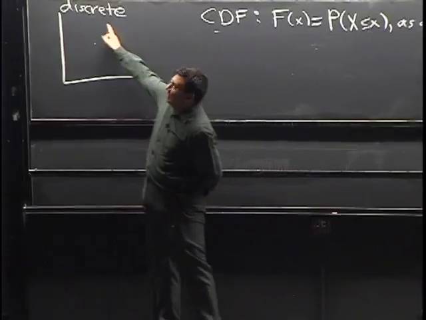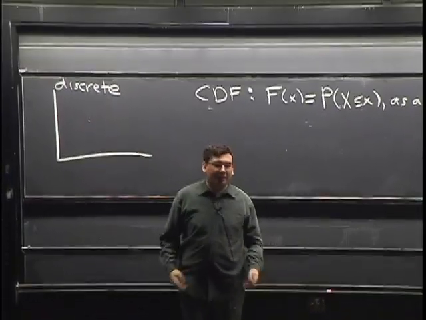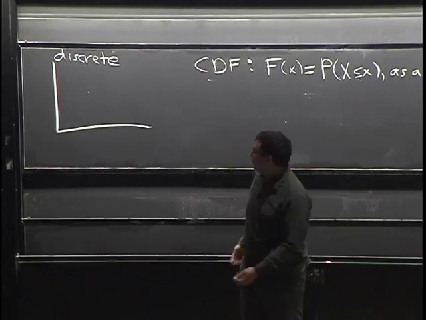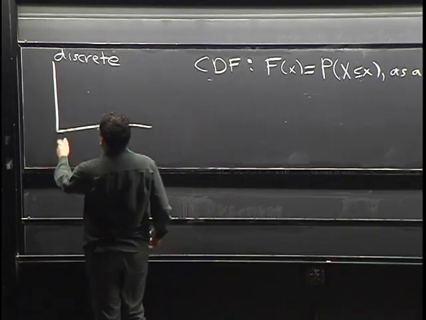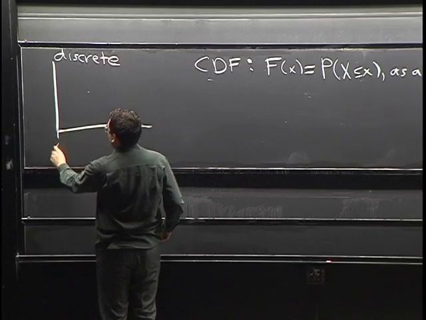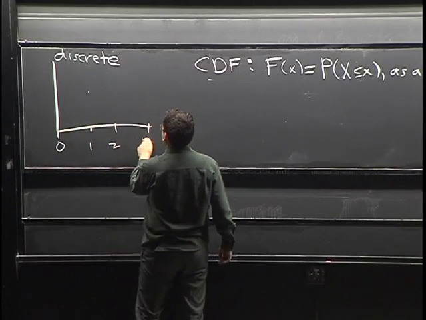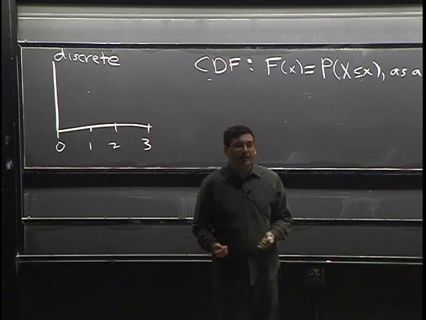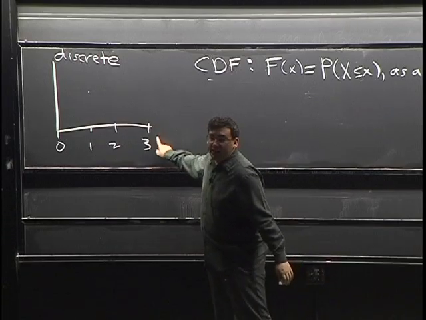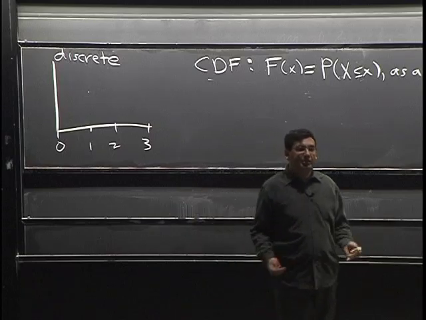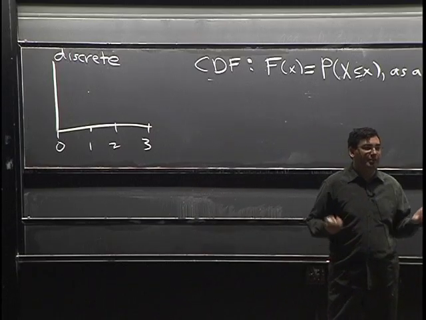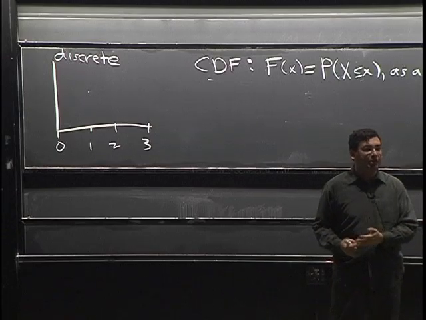So this is a discrete random variable. I'm going to draw a CDF. It's going to look like a step function, so it's going to jump. So let's draw one whose possible values are 0, 1, 2, or 3. We could have a discrete random variable that could take on any non-negative integer value, so it could go off to infinity. But right now I'm just looking at one that's 0, 1, 2, or 3.